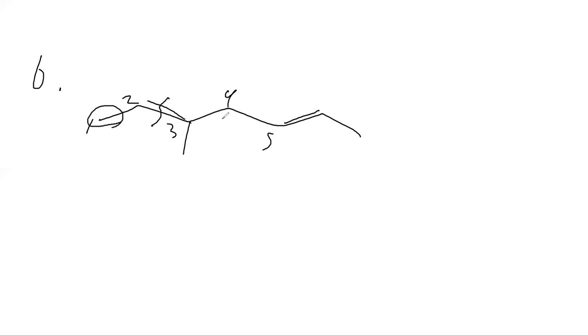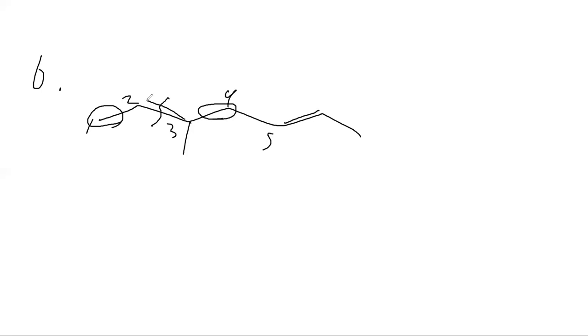Okay, so for B, it's 2Z, 5Z, 3-methyl-2,5-heptadiene. So it says heptadiene, so there's 7 carbons. It says there's a methyl group at carbon 3 and a double bond at 2 and 5. So if we look at the double bond here, this is pointing down and this side of the molecule is pointing up.